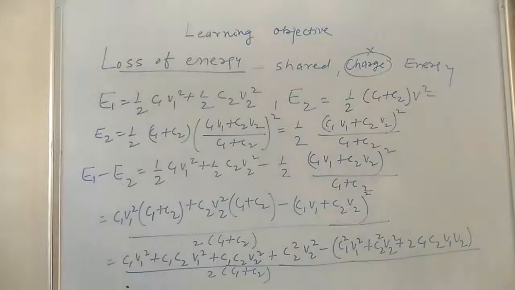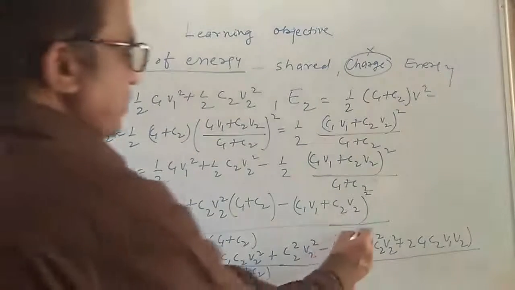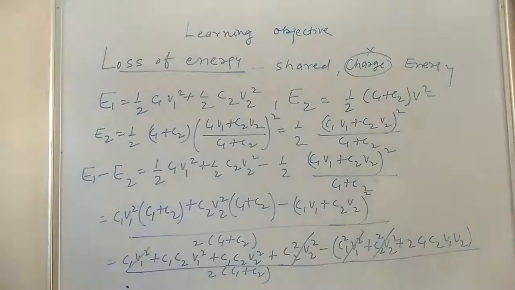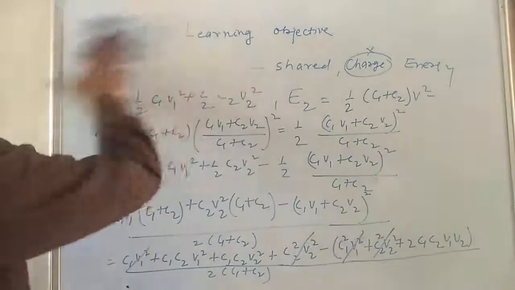Open it. So you can see C1 square V1 square and C2 square V2 square are cancelled out. Then what is there?